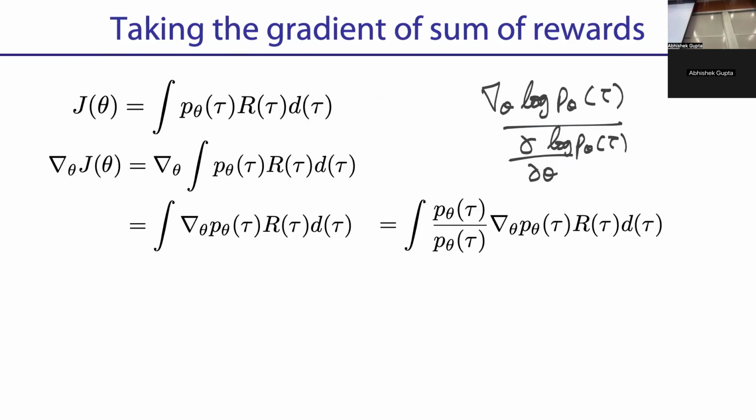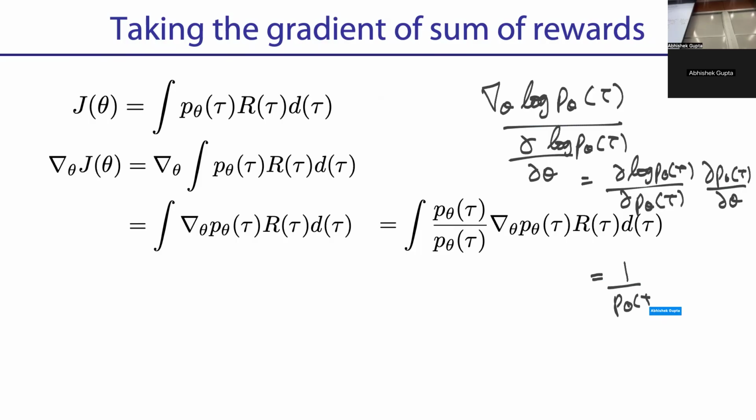So by the chain rule you can write the gradient of log p theta tau as 1 over p theta tau times the gradient of p theta tau. And remember, this is nothing but grad theta p theta tau, right?